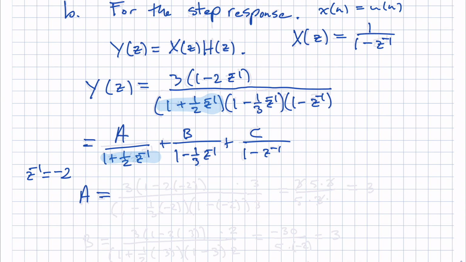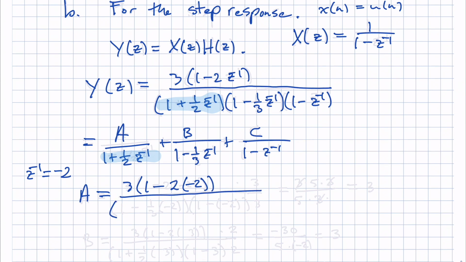So I have 3, 1 minus 2, z to the minus 1, but z to the minus 1 is -2. And on the bottom, I have 1 minus 1/3, plug in the -2, and then 1 minus, plug in the -2 here. Okay, so I've got that term.